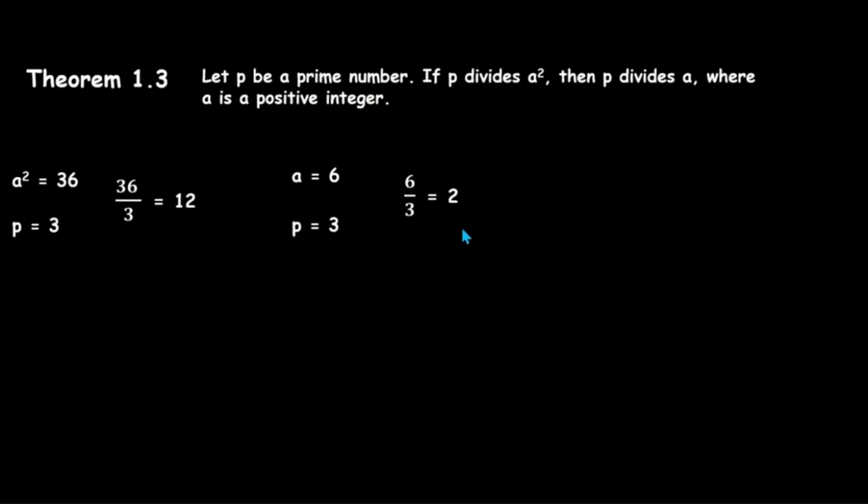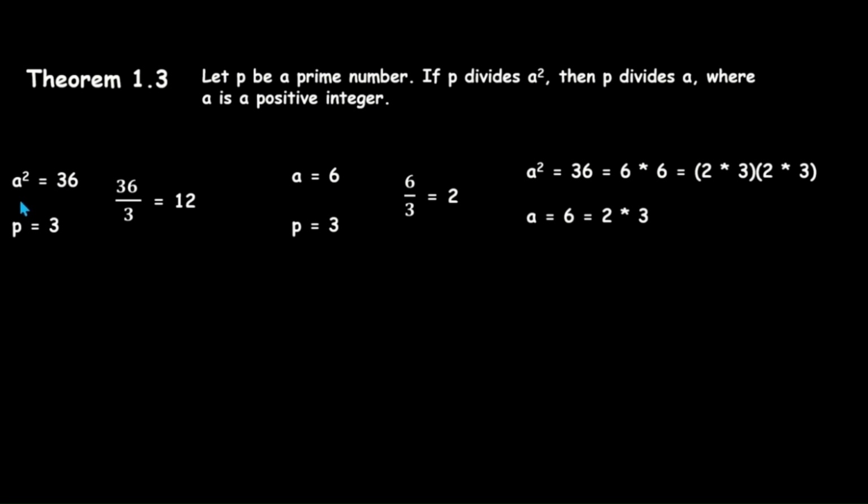The reason why this happens is that in the prime factorization form, let's get into the prime factorization form and see. A square is 36, which is nothing but 6 into 6. And the prime factors of 6 are 2 and 3. So 6 into 6 is nothing but 2 into 3 into 2 into 3.